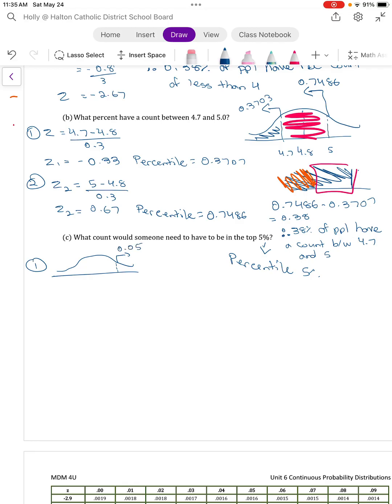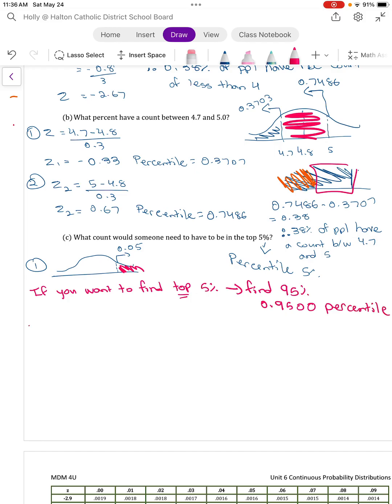This is where you have to remember the greater than and less than. So if I want to be in the top 5%, you need to find basically the 95%, because that's going to tell you what's below to find what's above. So 95% is basically 0.9500 as a percentile. Part 2, so that was part 1.